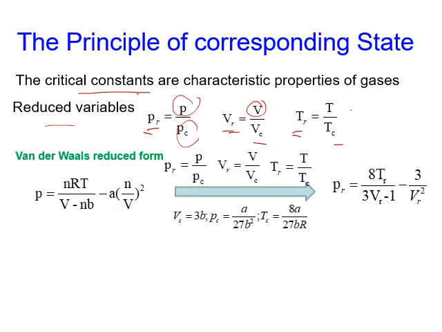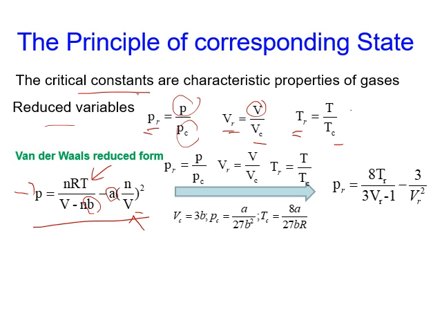Okay, so here is the van der Waals equation. Note that in the van der Waals equation you have van der Waals constant A and van der Waals constant B. That means different gases, even if they have the same temperature and same volume, will have different pressure because A and B are different from gas to gas.